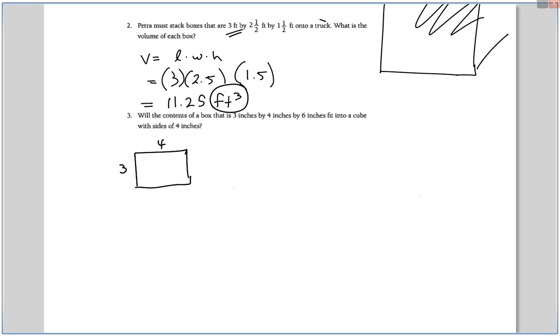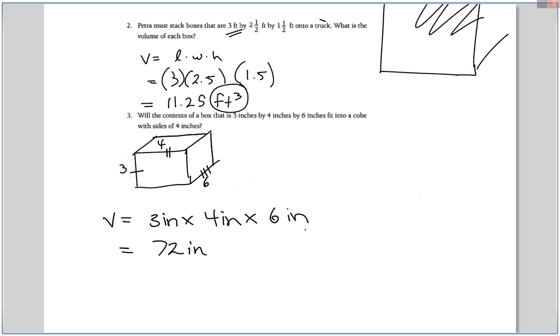And then it's 6 inches into the page, and we just draw them at an angle. So 3 by 4 by 6. Let's multiply those. 3 inches times 4 inches times 6 inches, and I think that's 72.